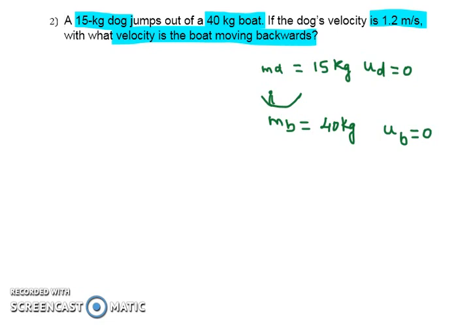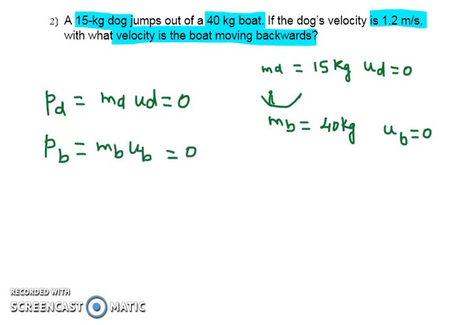So the initial momentum of the dog is MD times UD, which is 0. The initial momentum of the boat is MB times UB, which is 0. So the sum of the initial momentum of the system, PD plus PB, is equal to 0.